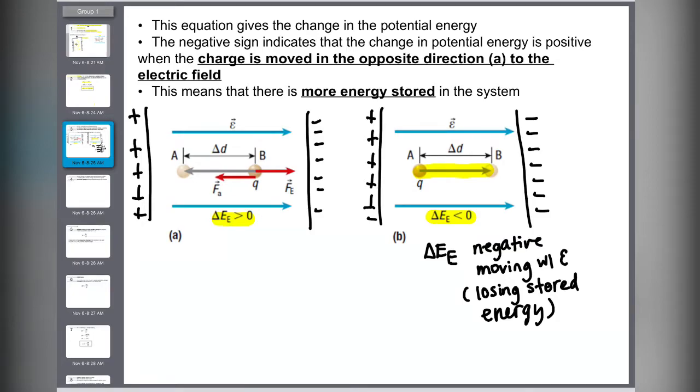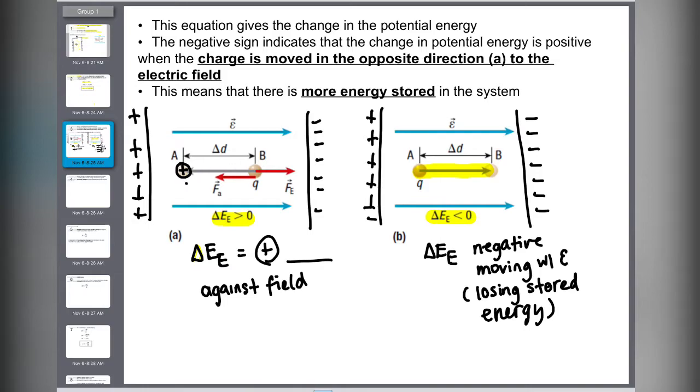But opposite to that is this. Delta EE, why did I change it to yellow? Delta EE would be a positive number if I am actually moving against the field. Think of it, this is positive, right?